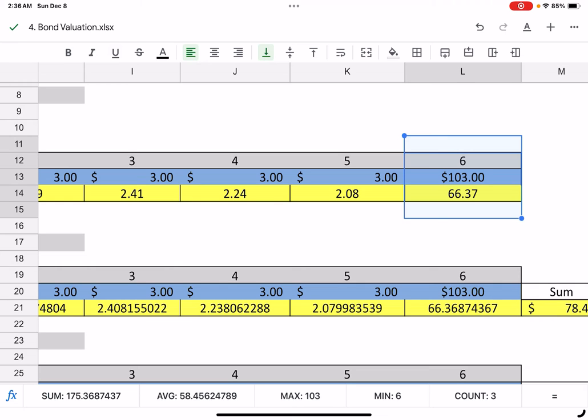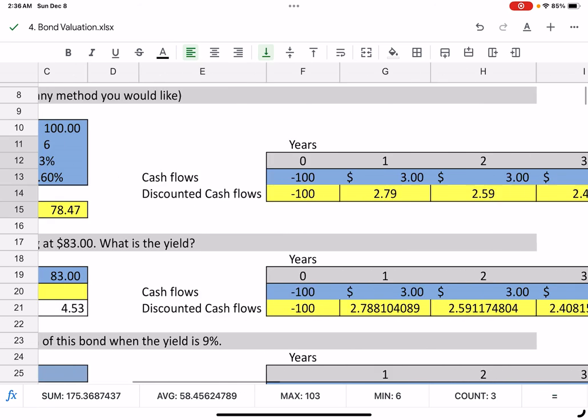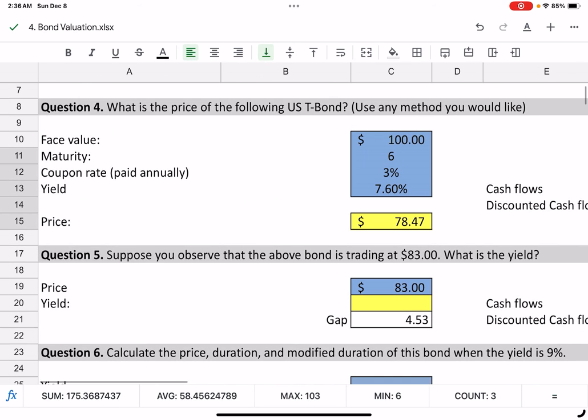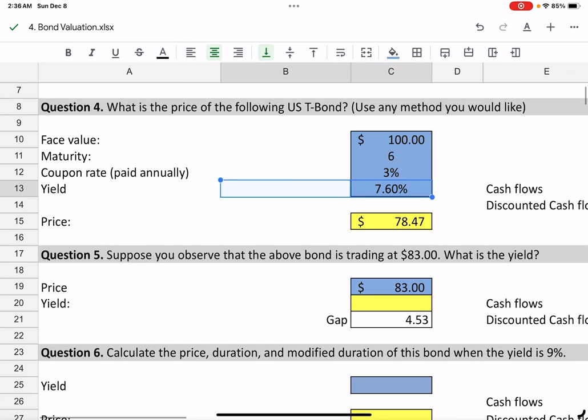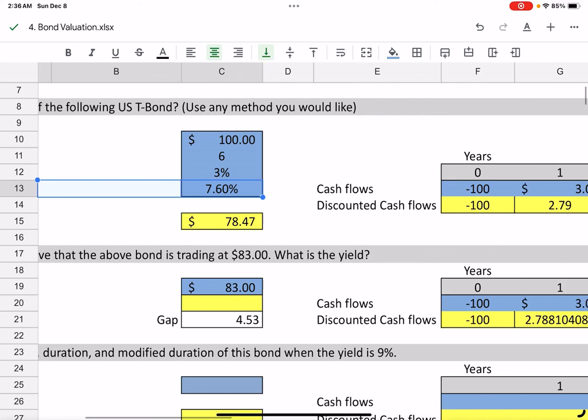But we can't simply add them. We first have to discount them, because over the years the inflows we receive will lose their value due to inflation and the time value of money and all those things, which we will discuss in another video. So how will we discount them? We will discount them by using the yield, that is the discount rate, which is 7.6%.